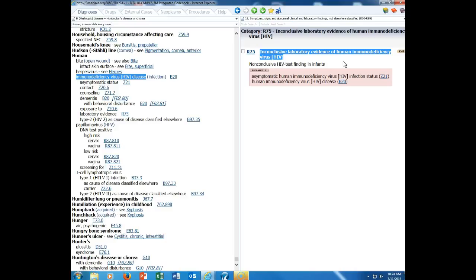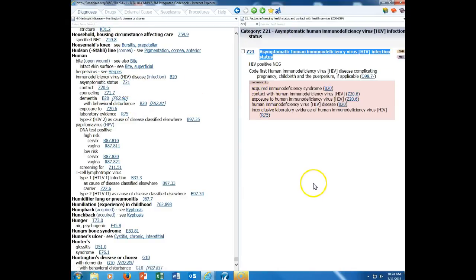Now, if a patient is HIV positive, let me go to Z21, or they have AIDS and they are pregnant, you first are going to code a code from the OB chapter, which is chapter 15.